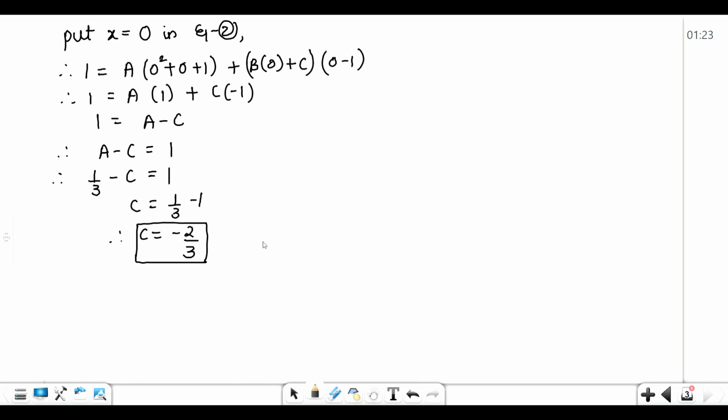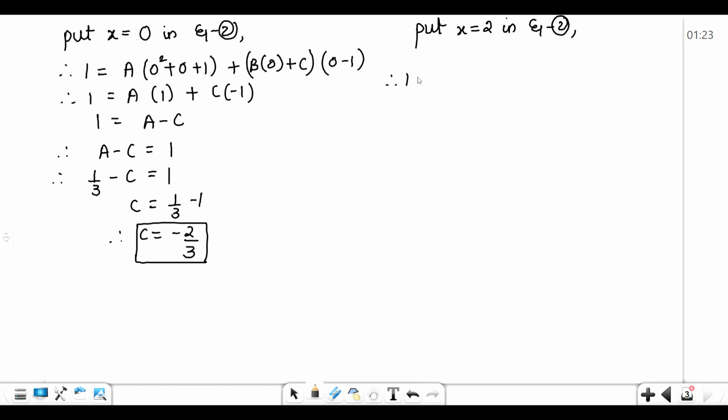Okay, now we have to take the another random value, because still we don't know the value of b. So for that we will take another random value. Let's take x is equal to 2. Okay, I'll write it here. So put x is equal to 2 in equation 2.